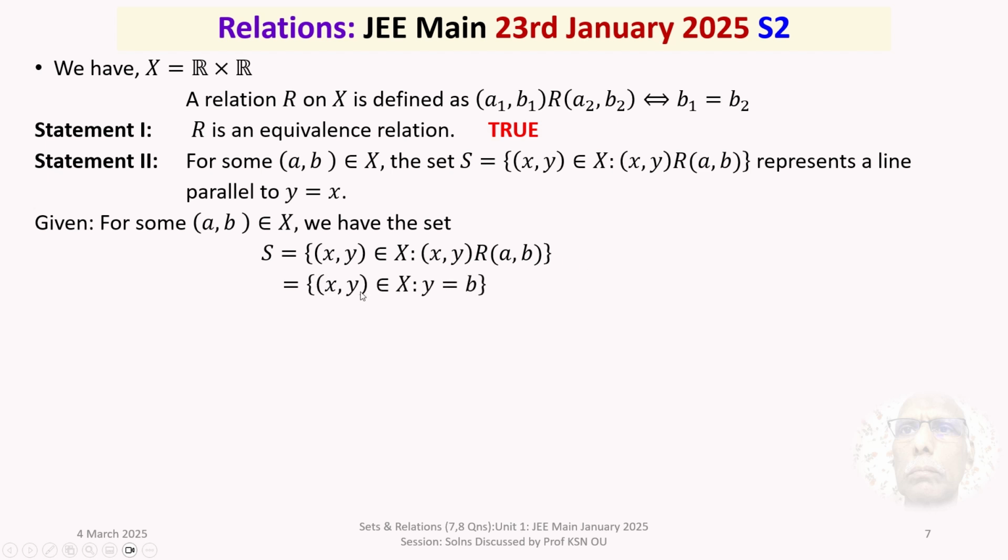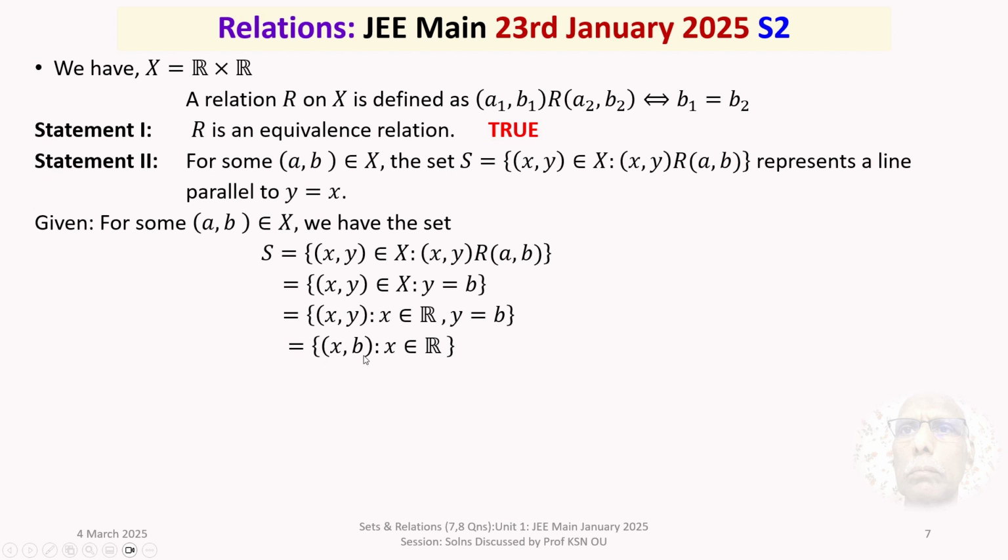The set of all ordered pairs X, Y belongs to X. X, Y related to A, B means the second components must be equal, Y is equal to B. That is the set of all ordered pairs X, Y such that X belongs to R, Y is equal to B. It is a set of the ordered pairs X, B, where X belongs to R. So what are these?